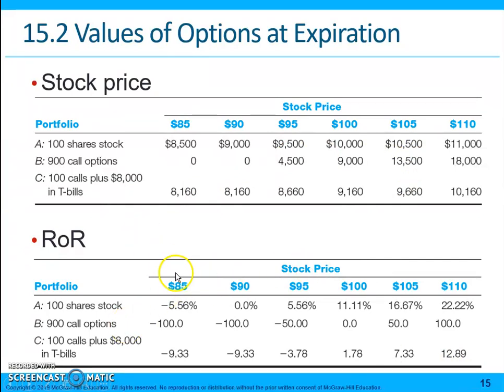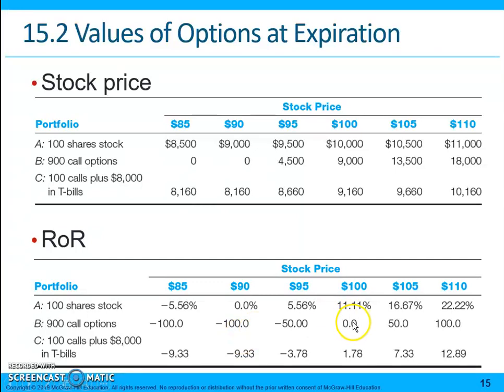If we look down here at our actual rates of return, buying 100 shares of stock, we would lose 5.56% if the price goes down $5, and gain 5.56% if the price goes up $5. If you look at the options, I guess you could say the potential upside of the options is much greater, but it comes at a much greater cost.